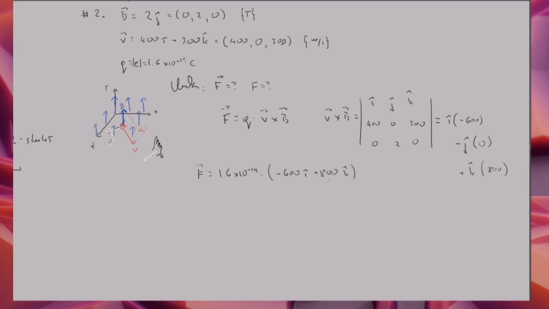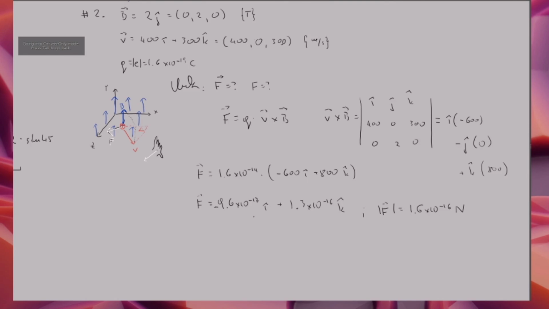You just multiply this thing through and you end up with your force. Let's finish the problem. I'll state the answer, and once we have the answer here, you can also calculate the magnitude of this vector. So we'll do that. Let me pause the video.